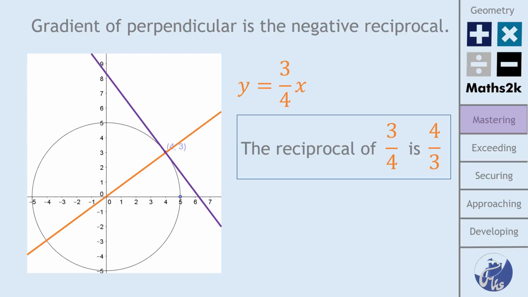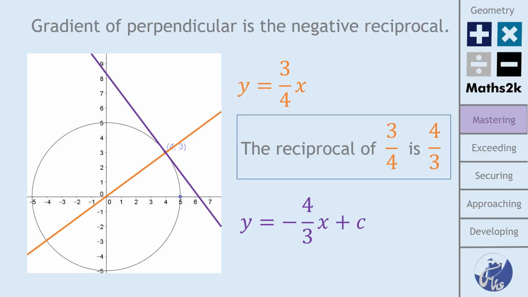Standard method here is just to swap numerator and denominator around. And because it's a negative reciprocal, we're going to change the sign of it. So if our previous gradient had been negative, then we would end up with a positive gradient now. But as it was, we've gone from positive to negative, and we've also gone from 3/4 to 4/3.